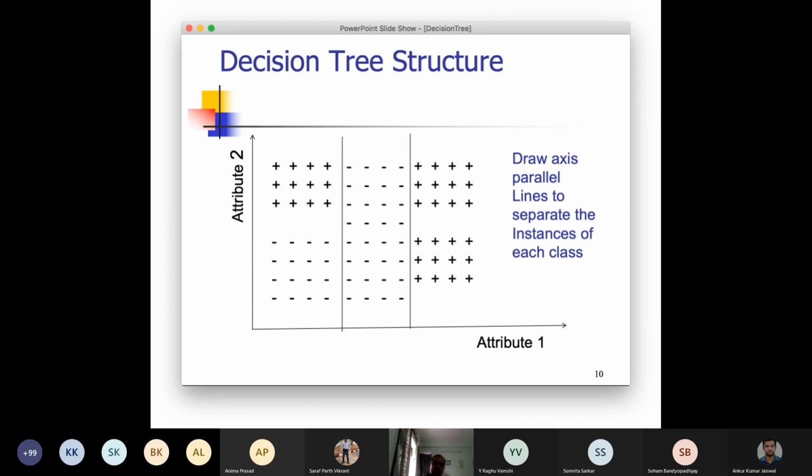So you get another axis parallel line here, and with respect to this line there is a right side and left side, but you should also consider your region, because when you are moving to this region, your region of the space is already partitioned.